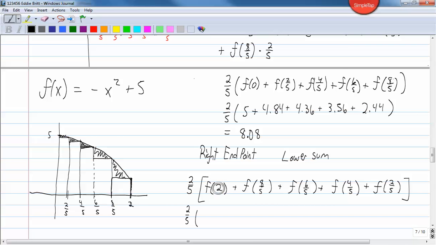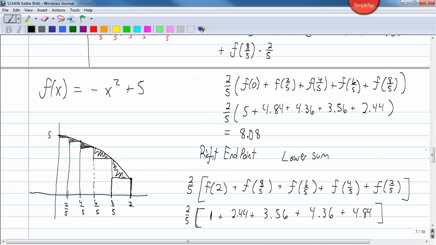I'm going to have to figure out f of 2. That's pretty easy though. 2 squared is 4, so that's -4 plus 5, or 1. Now I can use these other values I've already found. f of 8/5, that's 2.44, plus f of 6/5, 3.56, plus f of 4/5, 4.36, plus f of 2/5, 4.84.